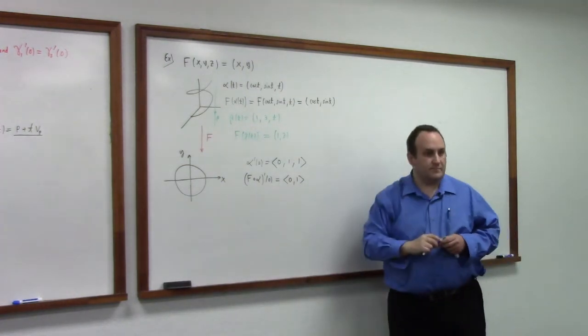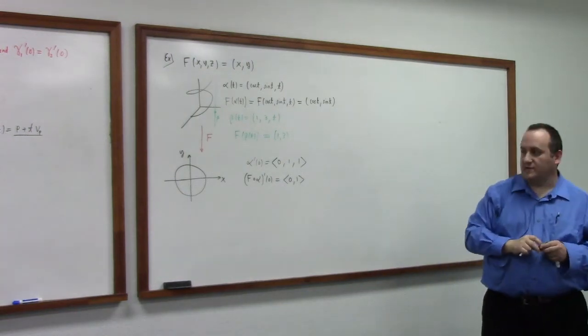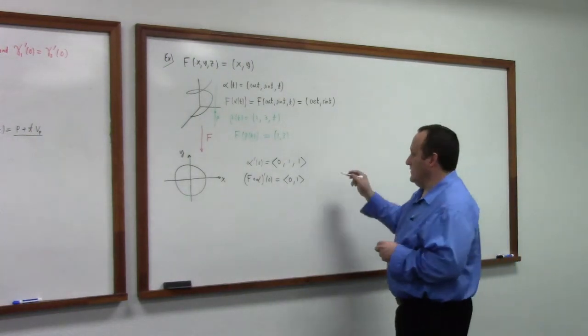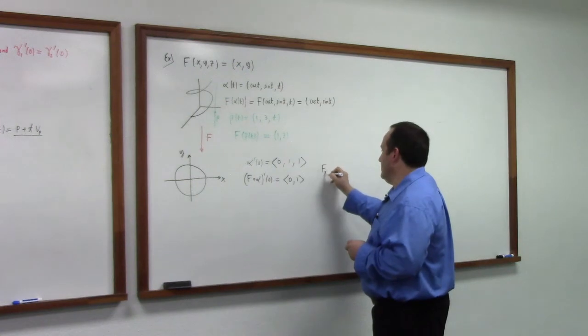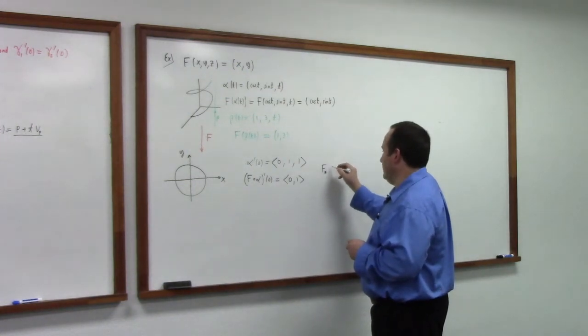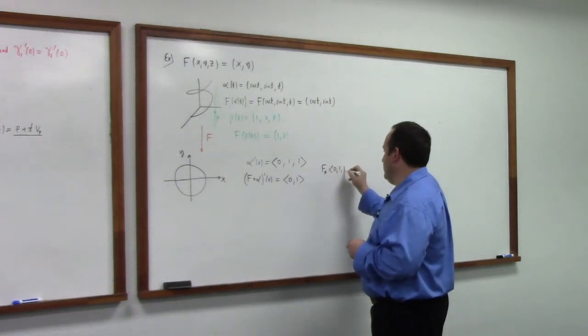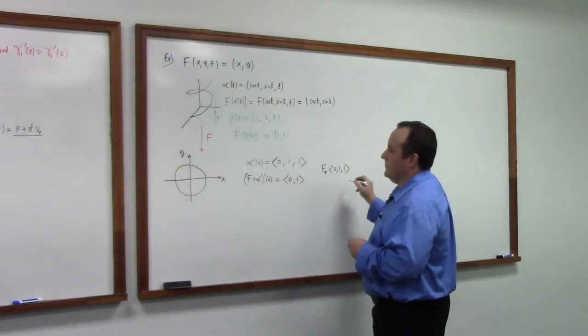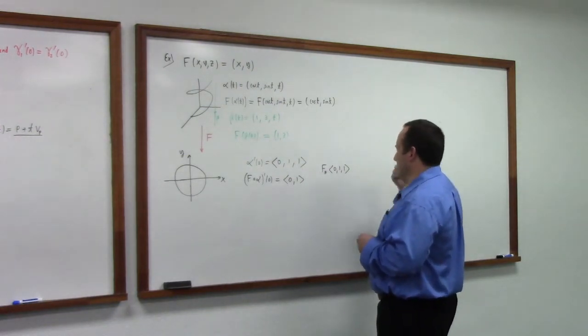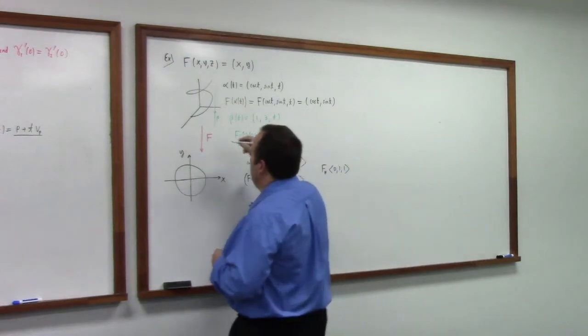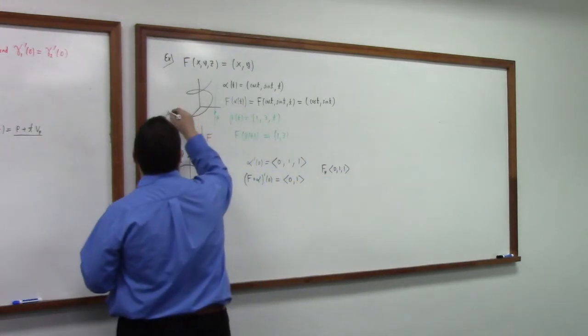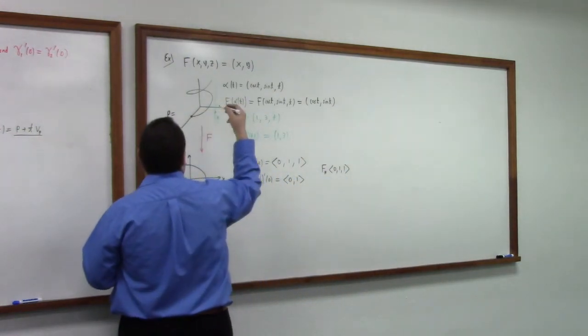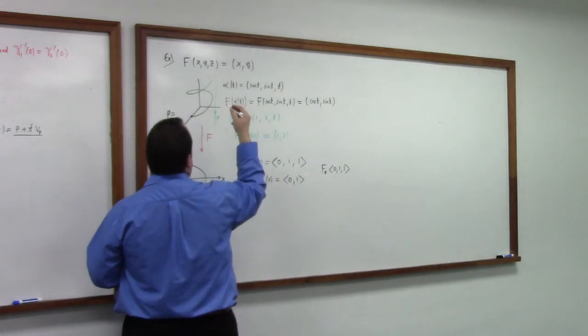Differentiating that and plugging in 0. So what this shows is that the push forward of 0, 1, 1 at the point P, which the point P here was this point, alpha of 0 here is 1, 0, 0.